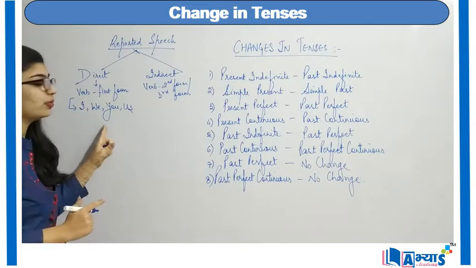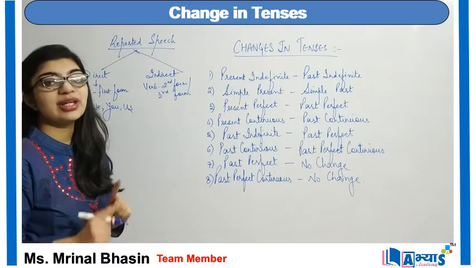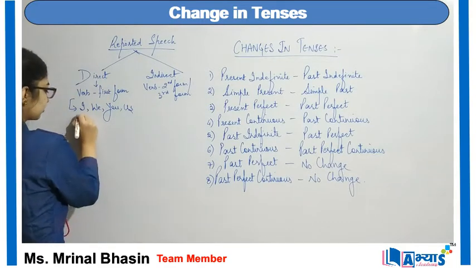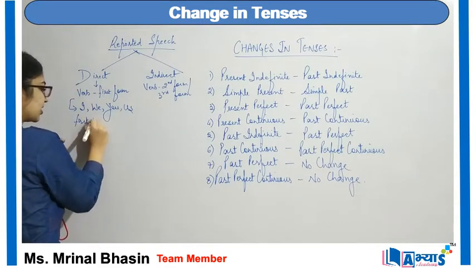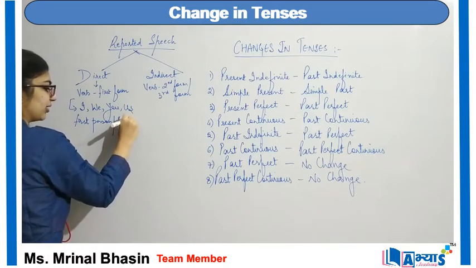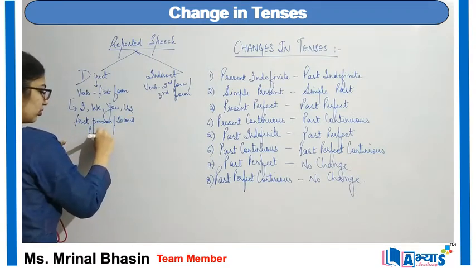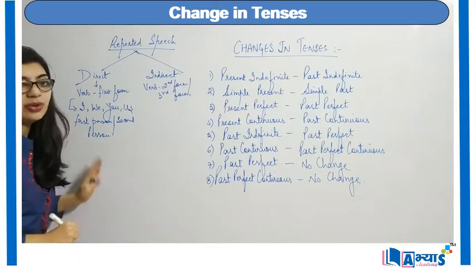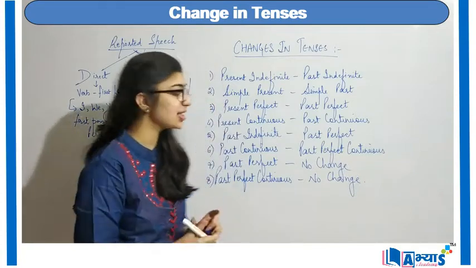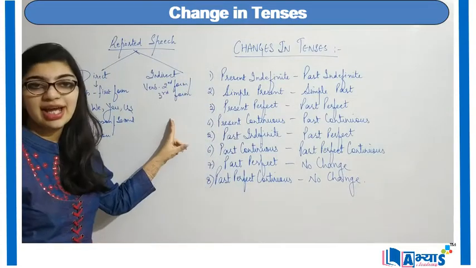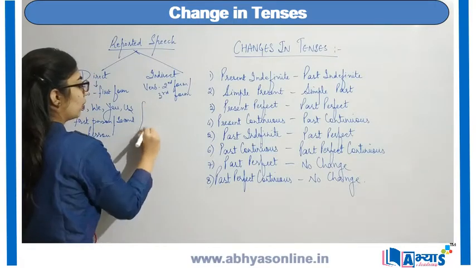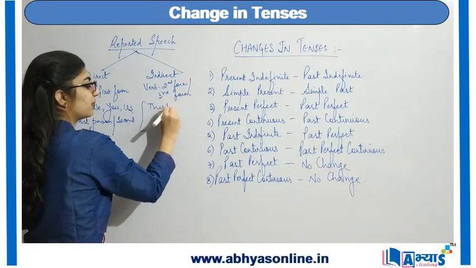Plus, I, we, you, us will always change into third person. Either we will make use of first person or second person in direct sentences, but while making indirect sentences, we will always use a third person.